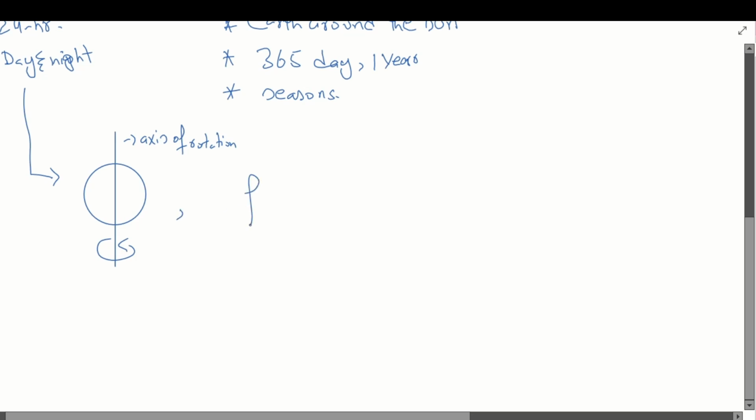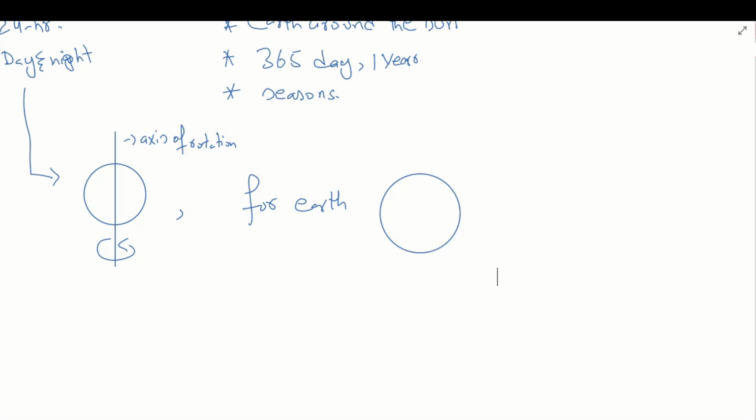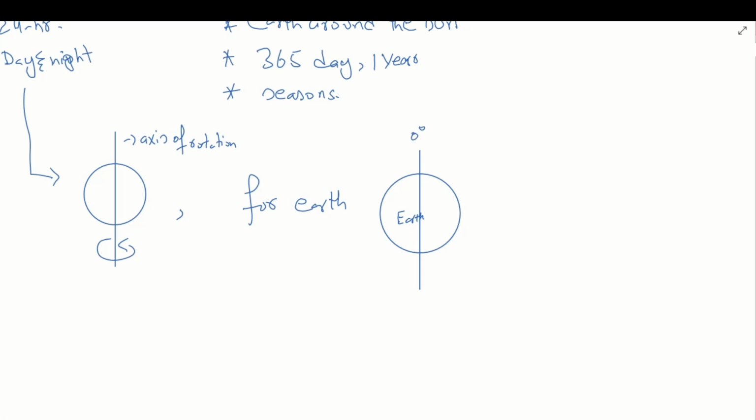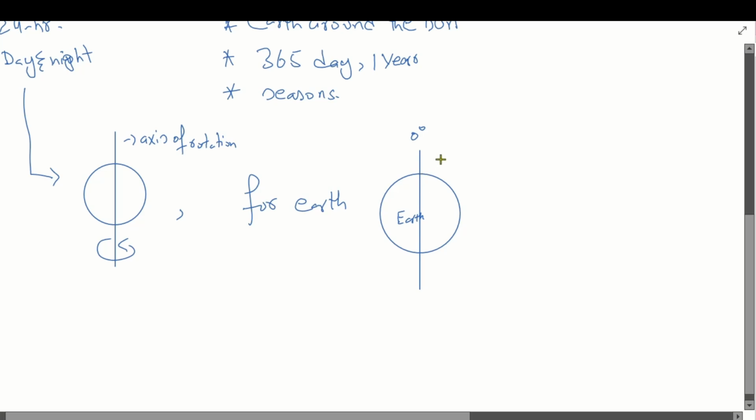For Earth, the axis of rotation is not exactly at the midpoint. So if this one is our Earth, its axis is not exactly at the midpoint. I'm taking this as 0 degrees here. In actual, we have the axis tilted in that way.